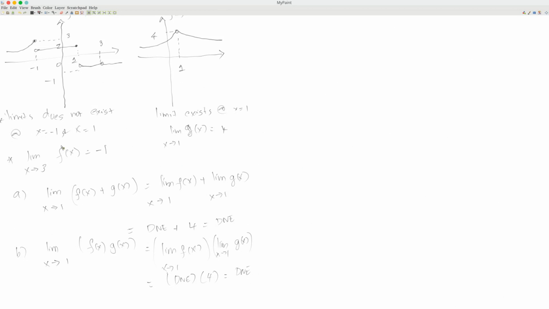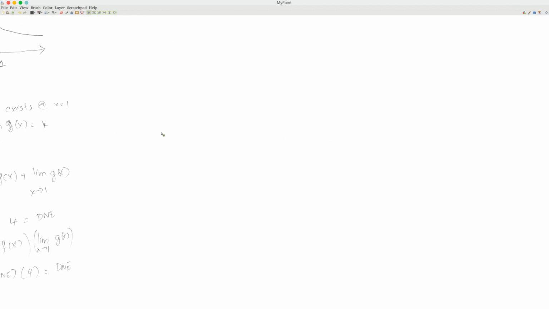There are other properties of limits that are quite important. One of the properties is limit x approaches a f of x equals f of a.